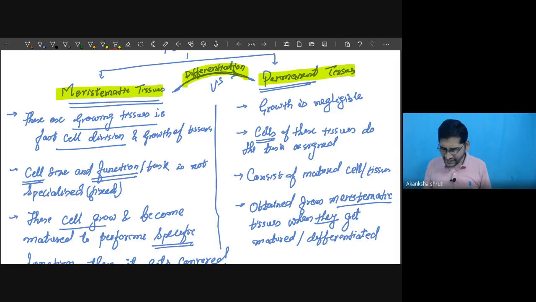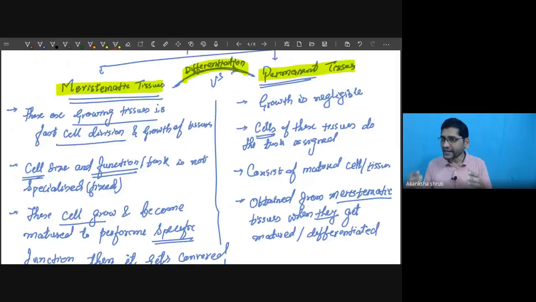So meristematic tissues are present where? The growing area of the plant.